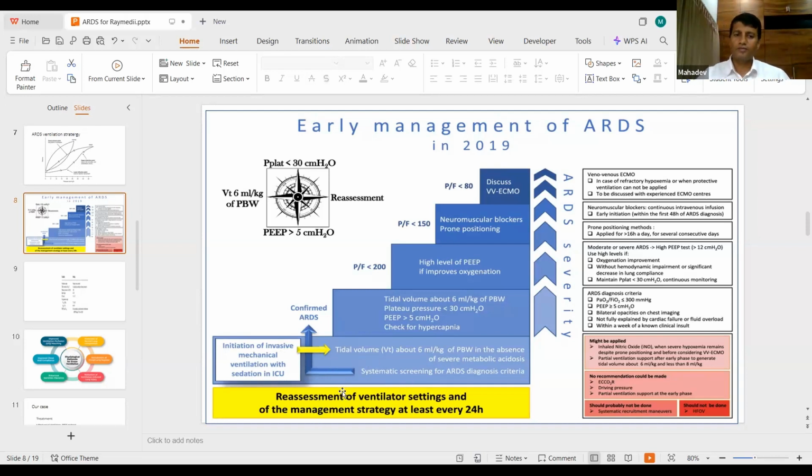They will not give you too much time, so you have to pre-oxygenate them well and prepare them well. If there is a difficult airway, assess it before you jump onto intubating them, because by the time you get help, the patient would arrest. So there is a thin margin of error in these kinds of patients. You have to be well prepared before you jump onto intubating these patients.